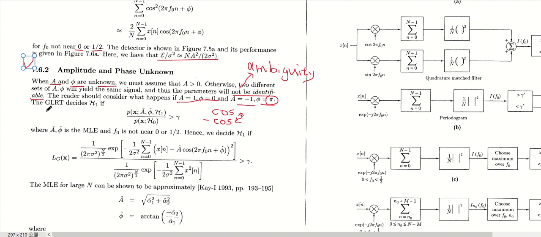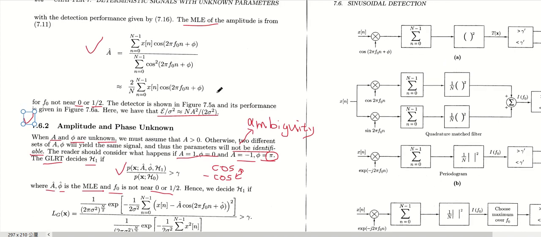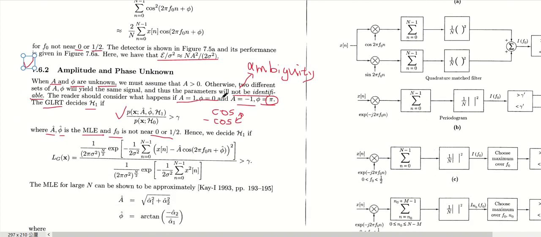I think it's fine. The GLRT decides H1 if this is that, right? And P of X given A, phi, H1, where A and phi are the MLE, and F0 is not near. It's cancelled out.